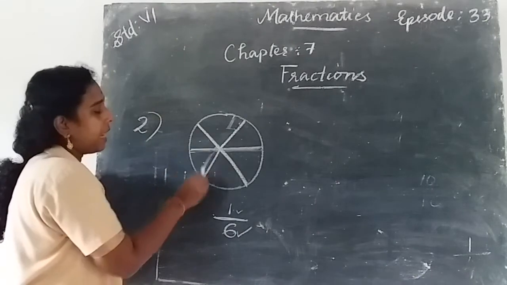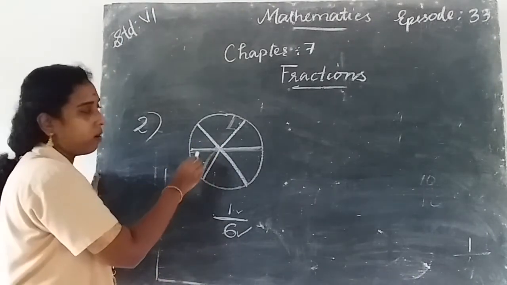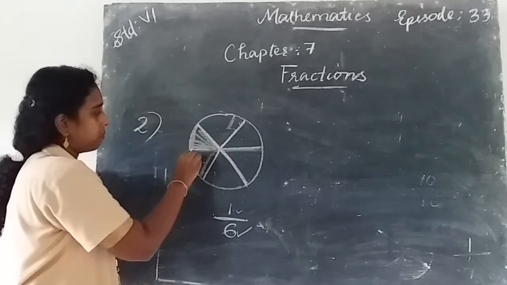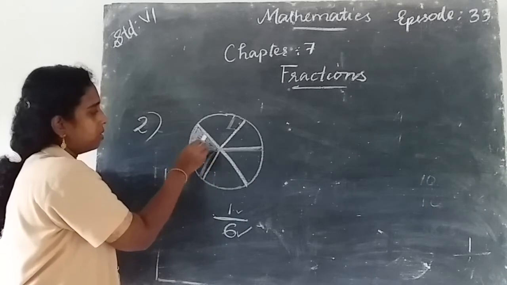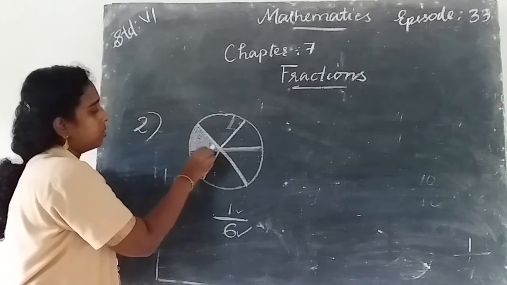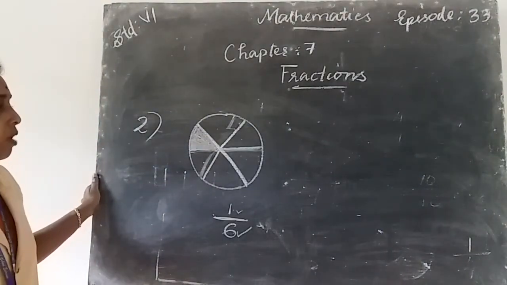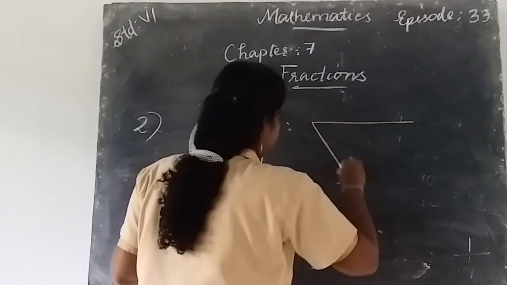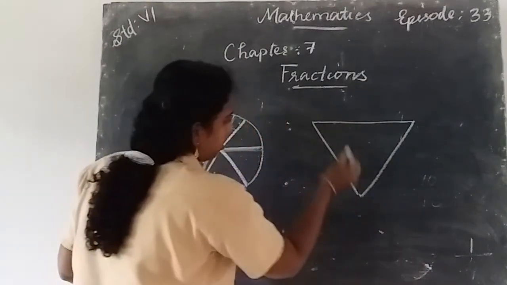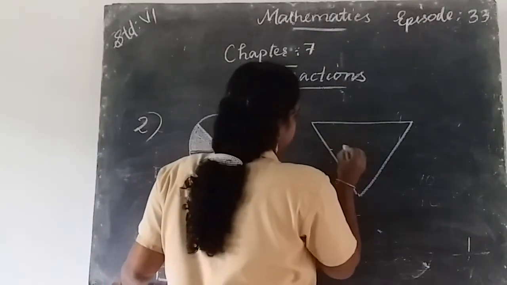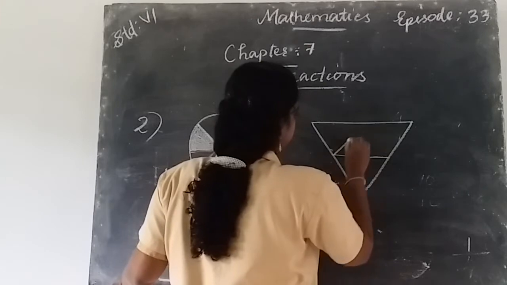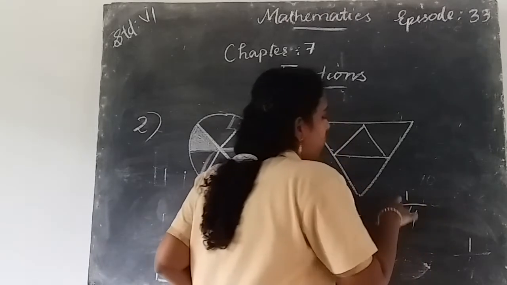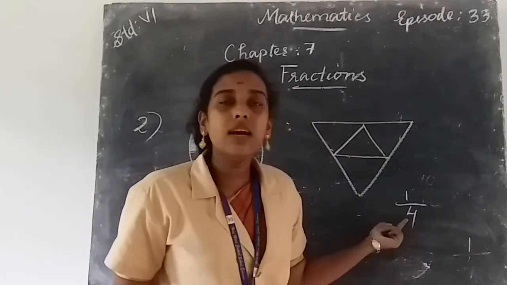Okay, so shade any one part in this whole like this. Okay. So this is the figure showing 1 by 6 fraction. Okay. Then next one is like a triangle, and here the fraction is 1 by 4. 1 as the numerator and 4 as the denominator.